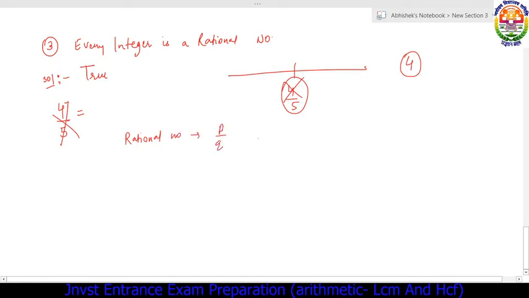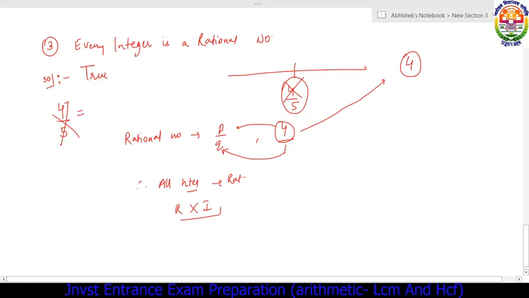Here the question gives only 4, but we write the denominator as 1, because dividing 4 by 1, the answer comes 4. So 4 represents p and q represents 1. Here it is a rational number, and 4 is also an integer. So all integers are rational numbers, but not all rational numbers are integers.